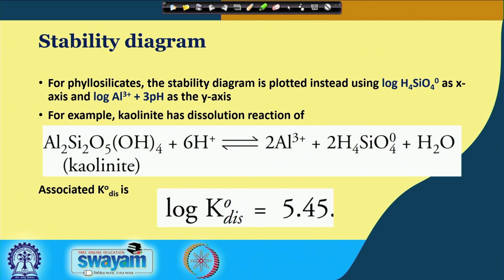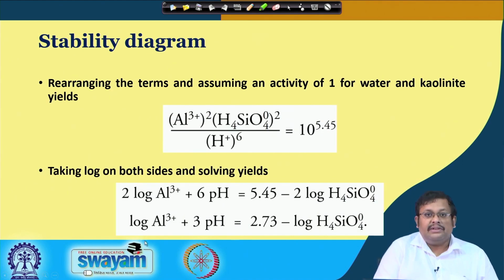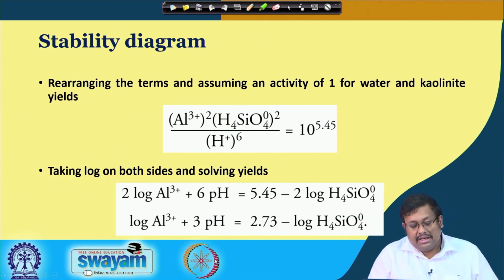The associated dissolution constant can be calculated as 5.45, and from there we get the simplified reaction, as you can see here: log Al3+ plus 3 pH equals 2.73 minus log of H4SiO4. This log of H4SiO4, also known as pH4SiO4, is basically the negative logarithm of the silicic acid concentration.